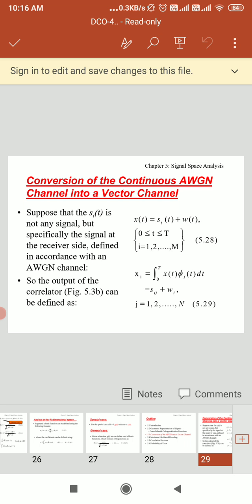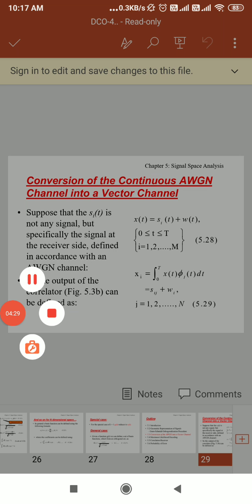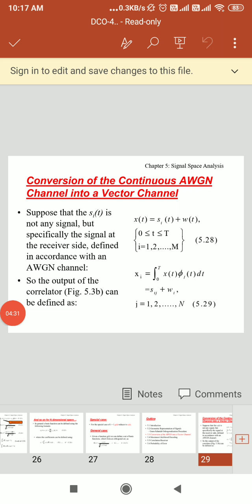We take that as W of t, the AWGN noise. Here the i value is between 1 to m, and time is 0 to T. The output of the correlator can be defined as xj equal to integration 0 to T x of t phi j of t dt.